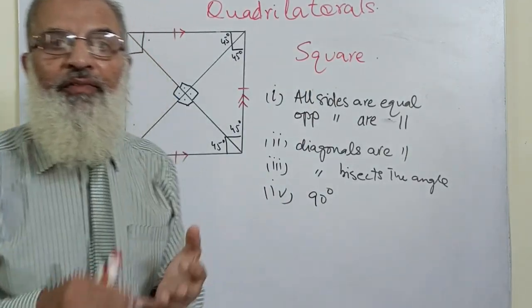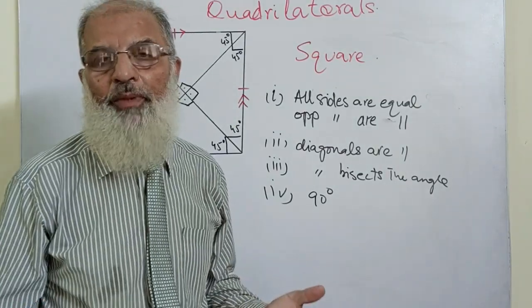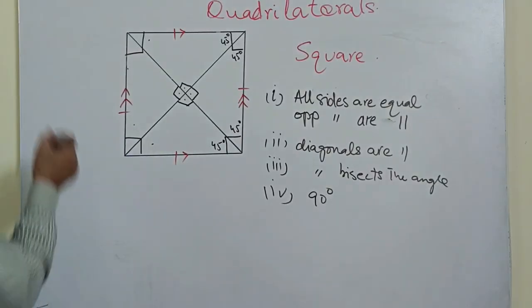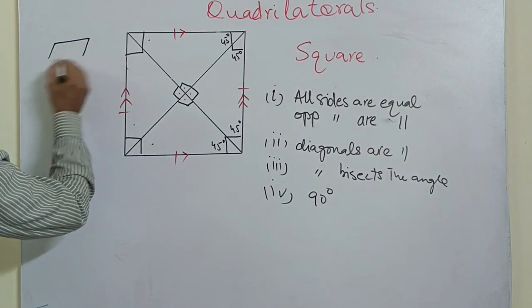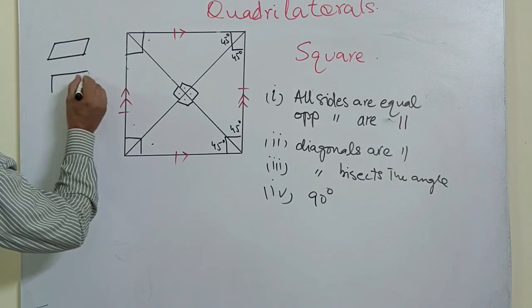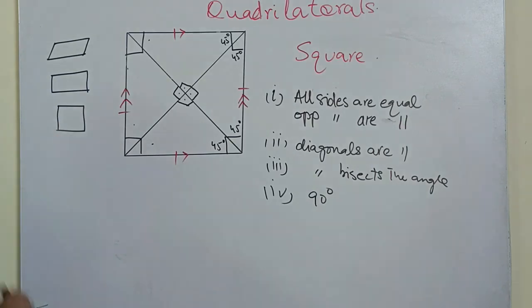Now we have differentiated three parallelograms with respect to their properties. This was a parallelogram, this was a rectangle, and this is a square.